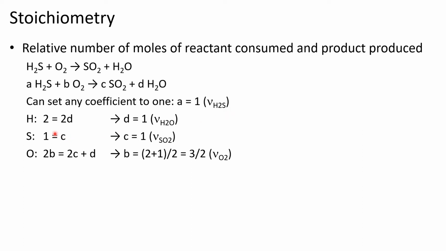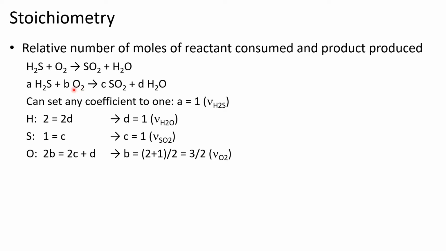If we equate the number of atoms of hydrogen that are present on the left-hand side of the chemical reaction, which are the hydrogen atoms that are present in the reactants, we see that there are 2. We'll take the number of atoms in hydrogen sulfide, which is 2, and multiply it by the value of A, which is 1, to get 2.